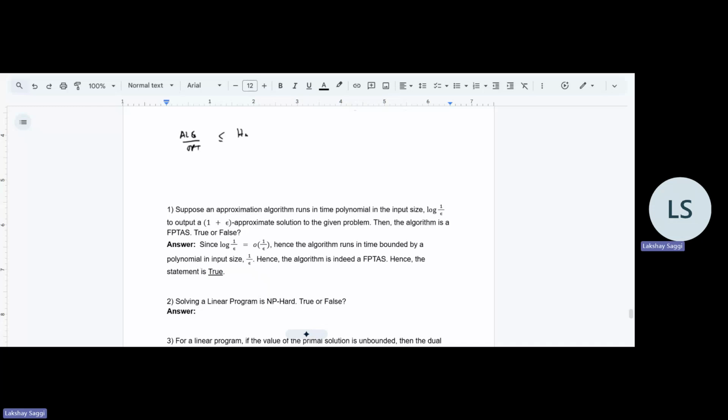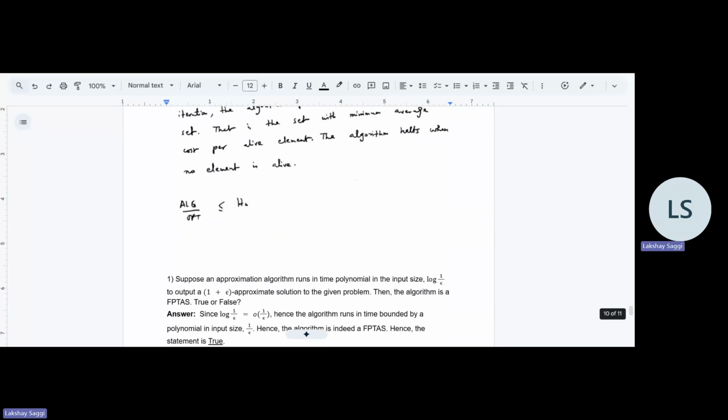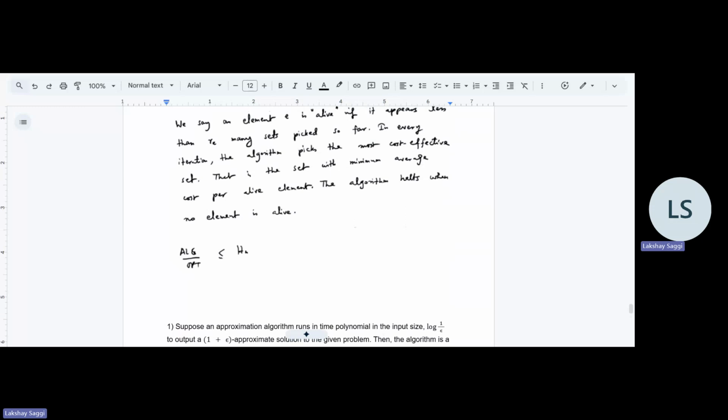Okay, so coming to the second question. The second question asks: solving a linear program is NP-hard. Is this statement true or false? We just talked about it. This is indeed the benefit of using linear programming. Why are we even able to use linear programming to design approximation algorithms?